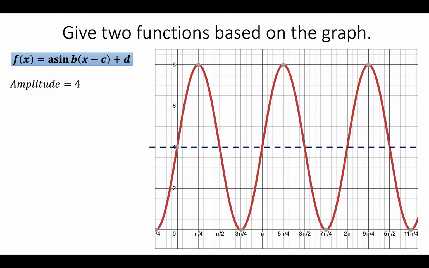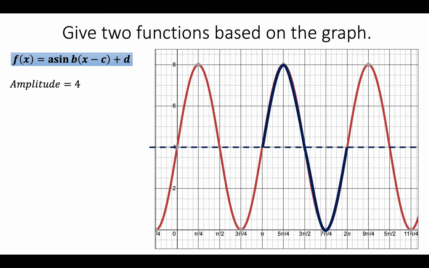Now, next is, how can we find the value of B? For B, we have to consider first one cycle of the graph. Since we are dealing with a sine function, we know that the image looks like this, and I started here. So that's already one cycle, or one period. I started at pi and ended at 2 pi. The distance between pi and 2 pi is pi.